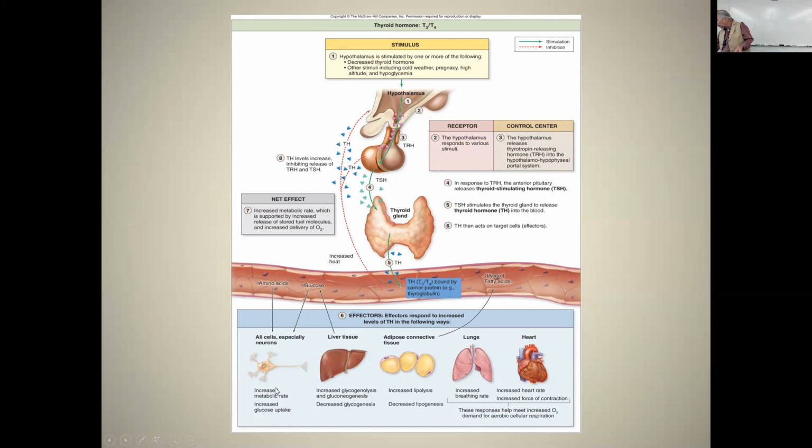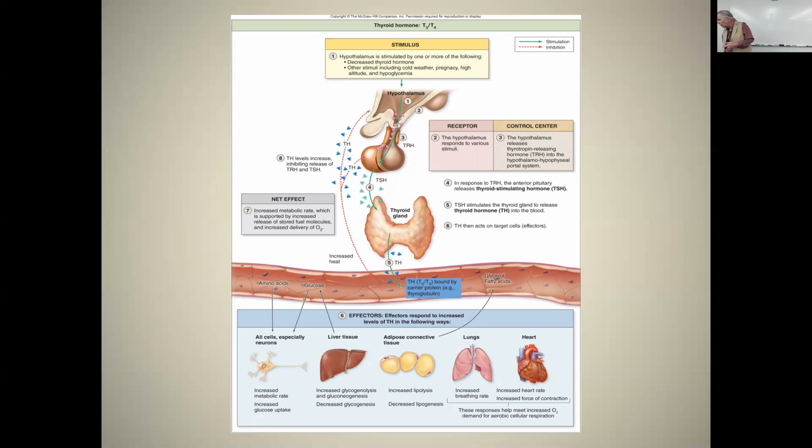In neurons, increased metabolic rate, increased glucose uptake. Liver tissue, increased glycogenolysis, gluconeogenesis. So we're breaking down glycogen, and we're possibly making glucose from amino acids. Increased lipolysis, breakdown. So it's making these molecules available to make ATP. Increased breathing rate, increased heart rate, increased force of contraction.